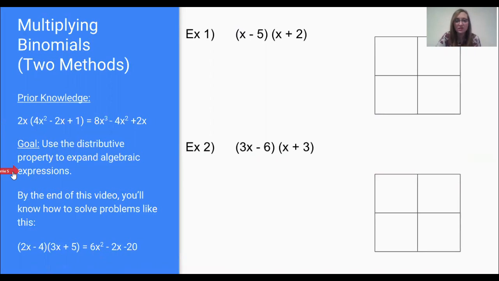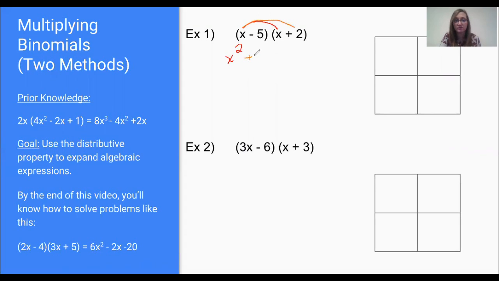All right, so let's take a look at this first problem here. Now, when we're doing this, we have to distribute each term in the first binomial to each term in the second. So we'll start by just doing x times x, which is x squared. And then the next thing we'll do is x times the positive 2.